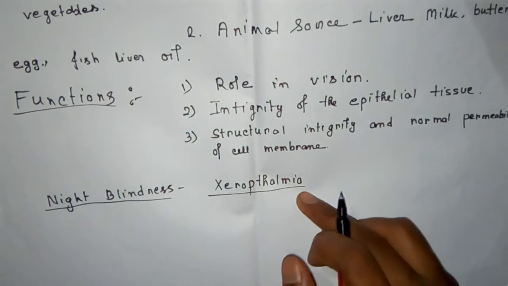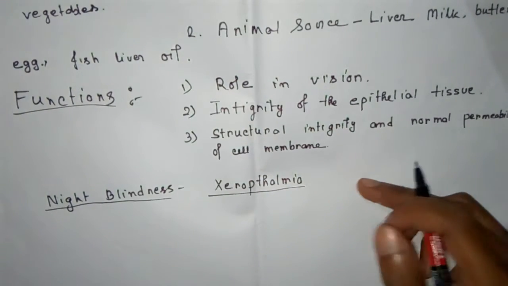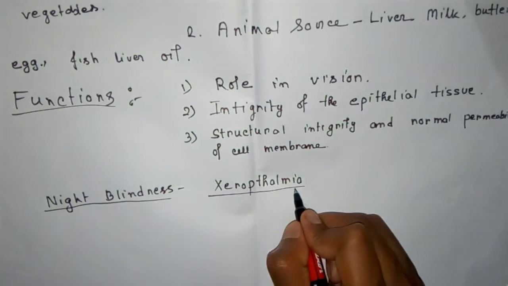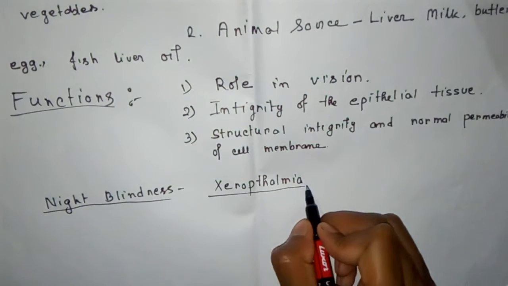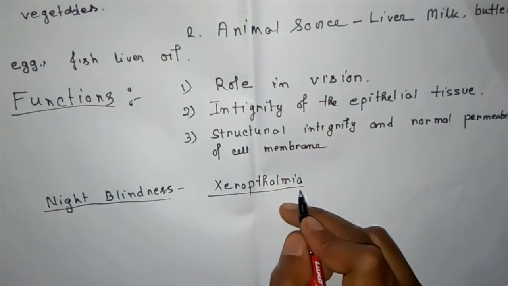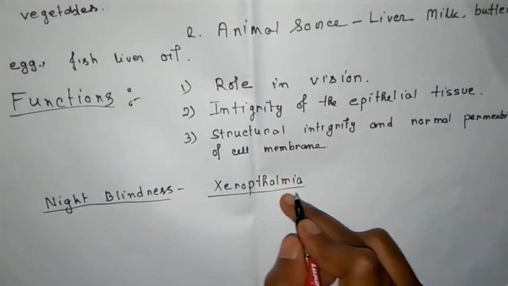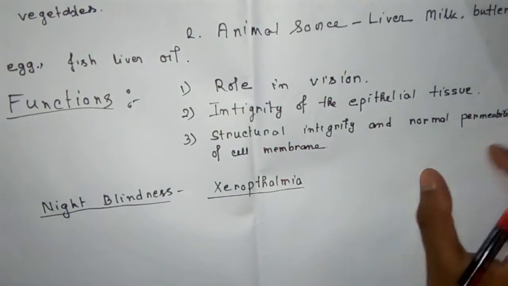The conjunctiva gets keratinized and loses its normal transparency.